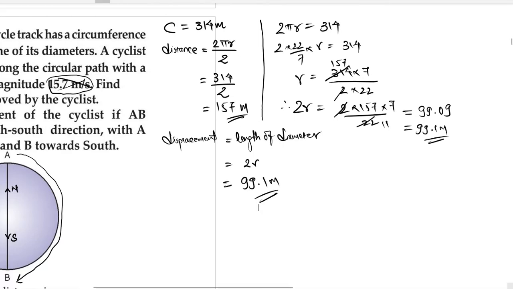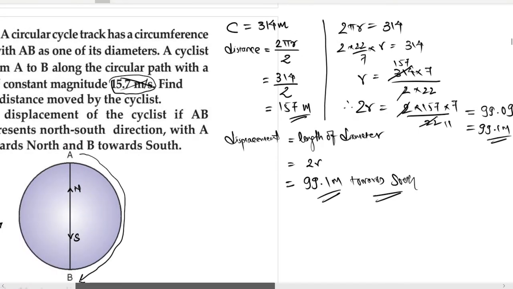So one second, one more thing we have to write. See, the cyclist is going from A to B. So the displacement is from A to B towards south.